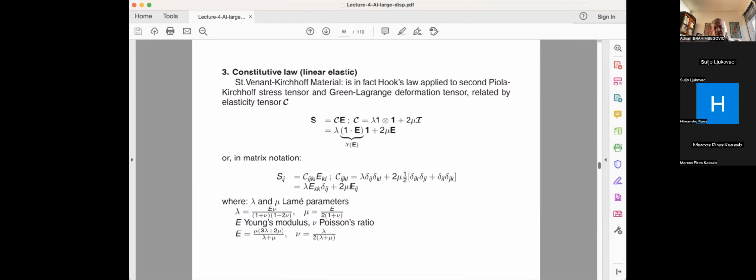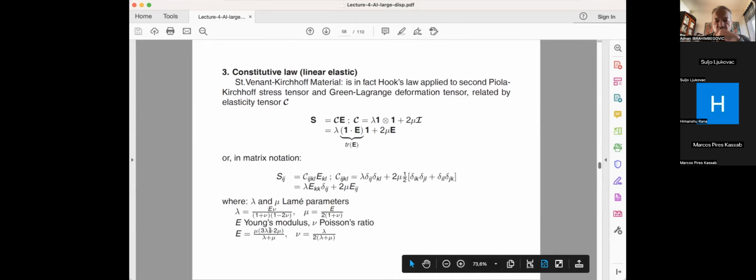In terms of components it is given here. Then these Lamé parameters are written here in terms of Young's modulus and Poisson's ratio, and I can then go along and compute those values, or I can replace this lambda and mu by the corresponding Young's modulus and Poisson's ratio and so on and so forth.